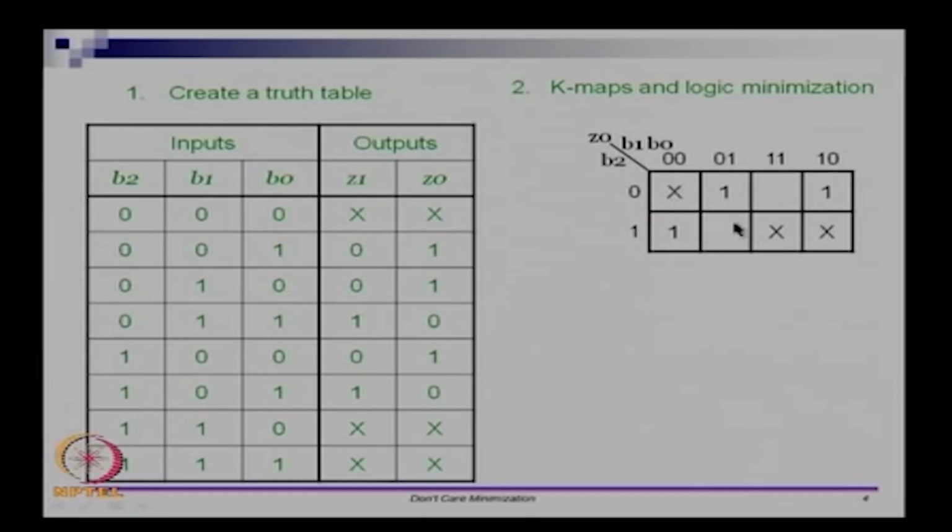So first thing is, if you go and look at these two ones, they both have adjacent x's next to them. So I can group this 4 together, and if you look at this one, it is adjacent to this x, I can group this together. So what I am going to do is treat this x and this x as a 1.